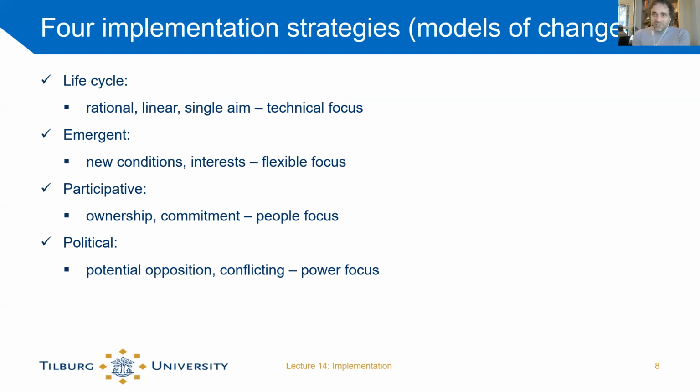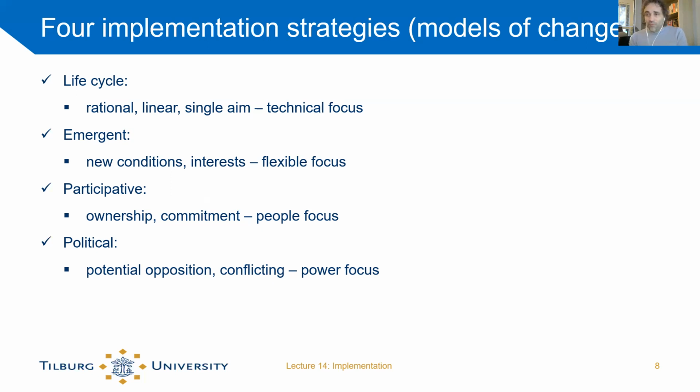The participative implementation strategy means that you try to convince people of using a technology or doing what you want in general by using social tactics. So, for example, by using influencers or focusing on the commitment of people.